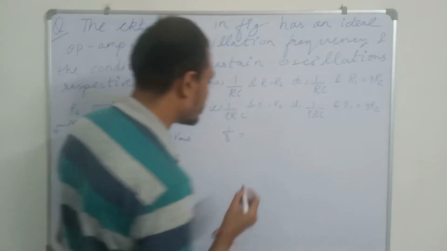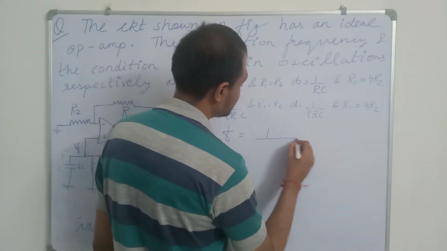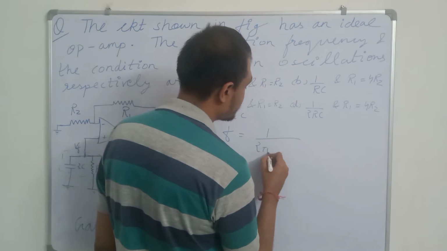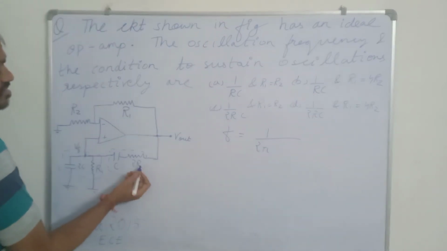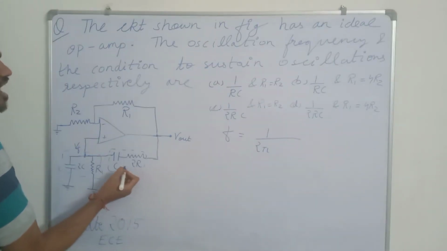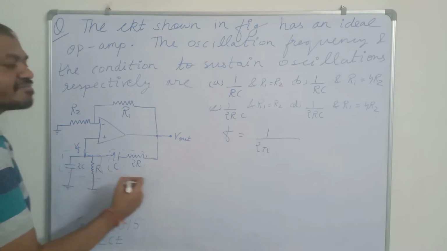Now the frequency for a Wien-Bridge oscillator is given by 1 upon 2 pi, and these R and 2C, 2R and C will get multiplied.